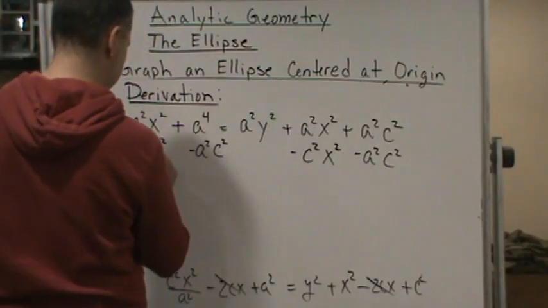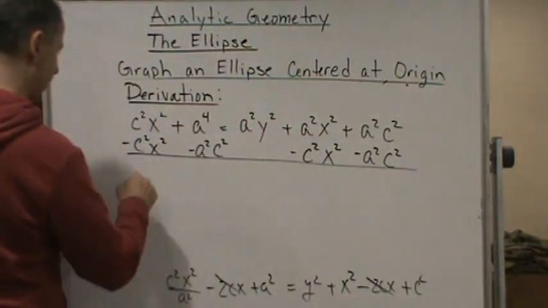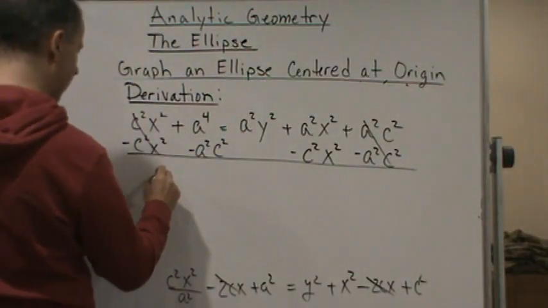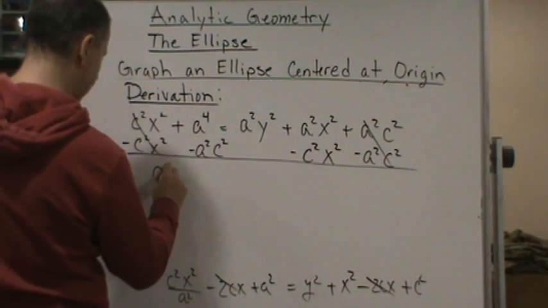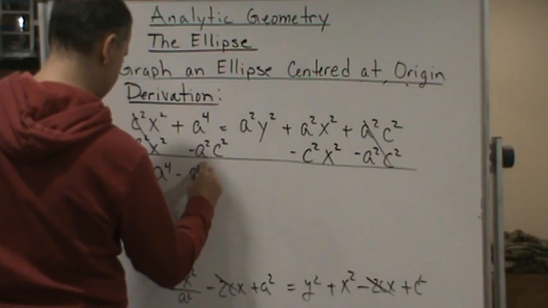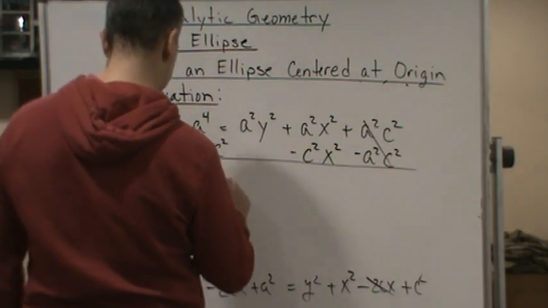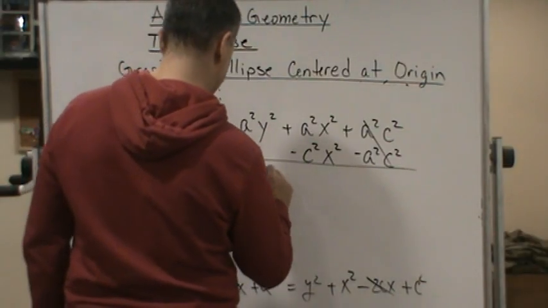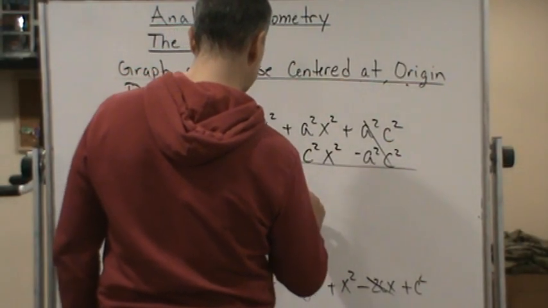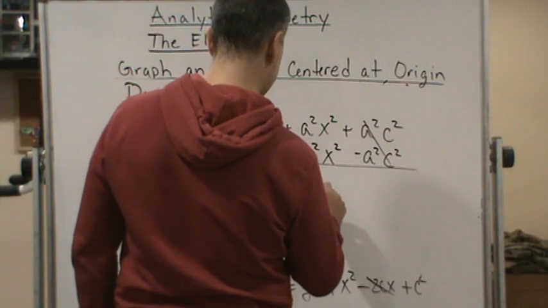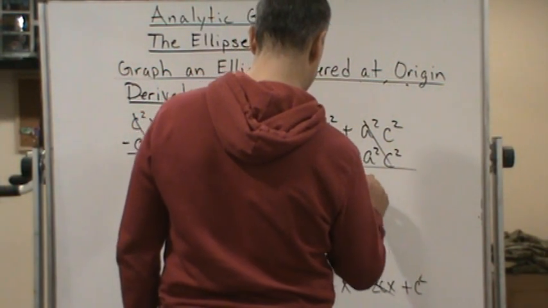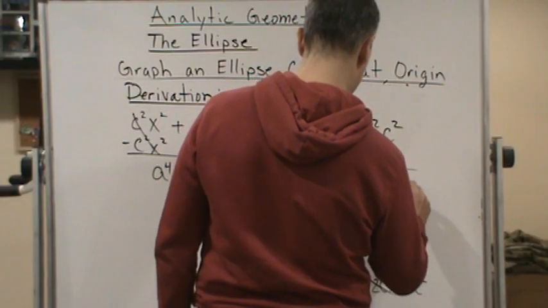All right, so now what we got is this will go away, this goes away, and we end up with a to the fourth minus a squared c squared equals a squared y squared plus a squared x squared minus c squared x squared.